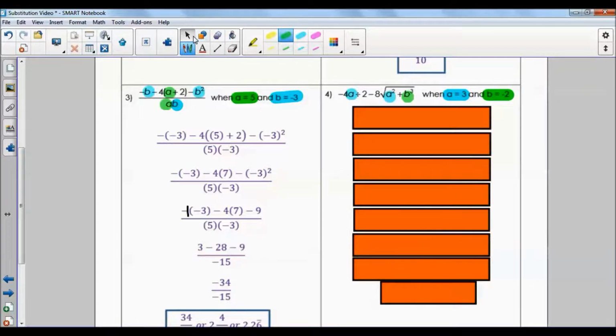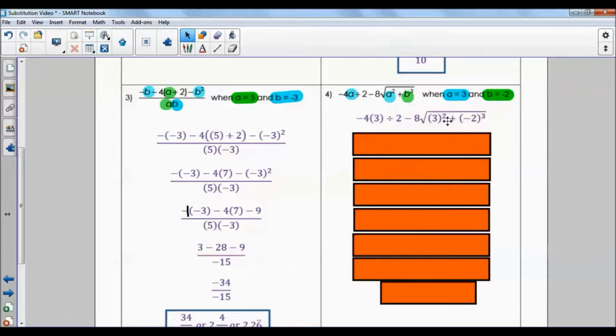So make sure when you're doing this one that you realize that's a cubed, not squared, okay? Because if you do squared, you're going to get the wrong answer. So first thing we're going to do is plug in our answers for the different variables. So -4 parenthesis a divided by 2 minus 8 square root 3 in parentheses squared plus parentheses -2 cubed.